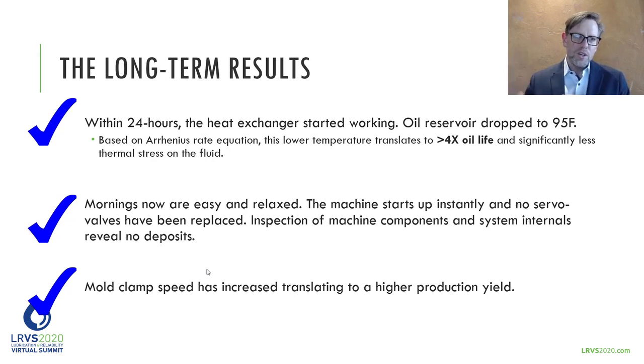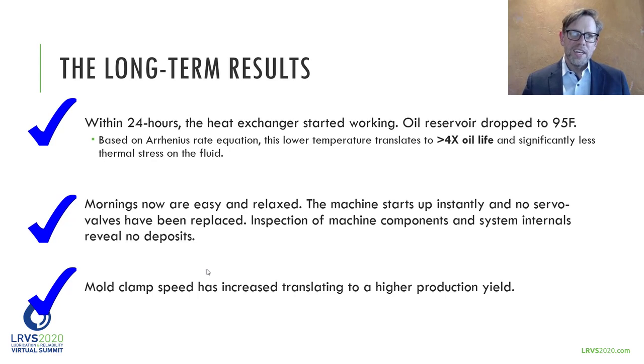They actually had to adjust the heat exchanger, but now instead of running the oil at 140 degrees, they're able to run the oil between 95 and 100 degrees. That in and of itself is reducing the stress of the oil by about 4x, in other words, providing about a 4x improvement to the life of the oil.